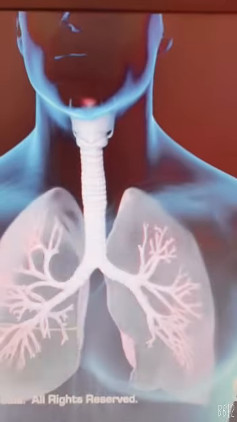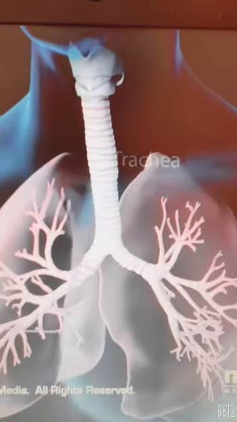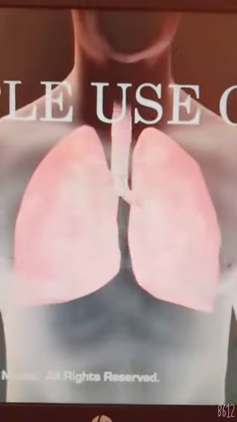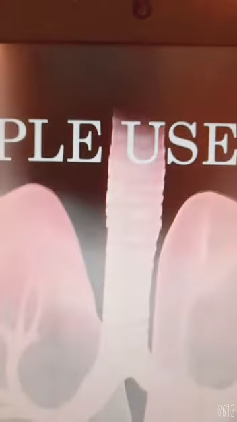As you breathe, your chest moves in and out. Inside the chest, there are two spongy-like organs on either side of the heart. They are called lungs. The lungs take in a gas from the air called oxygen.